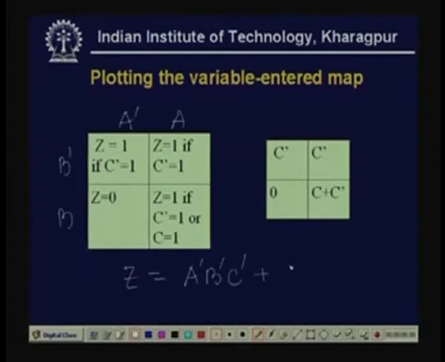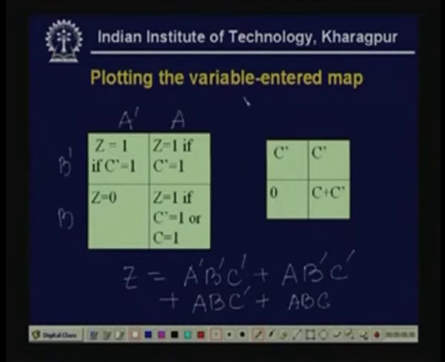Then for the second one, this is A, B dash, C dash, plus, see, for the third element it does not exist because output will be 0, that means the min term does not exist. And then for the fourth one, actually the term is from the K map, this is AB term, and as both C dash and again C both exist. So, that means ABC dash plus ABC. So, this will be the thing.